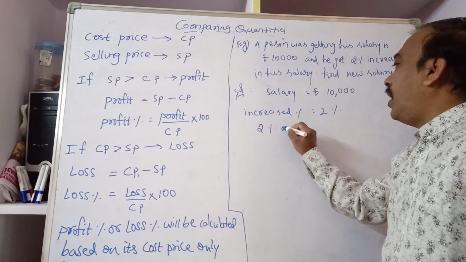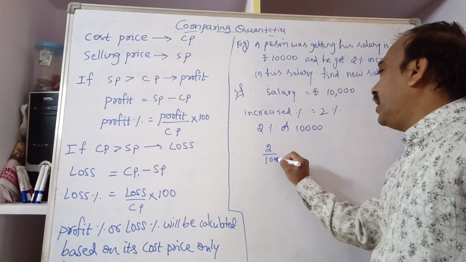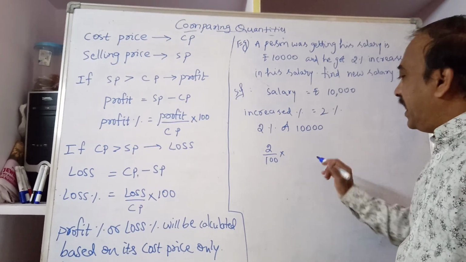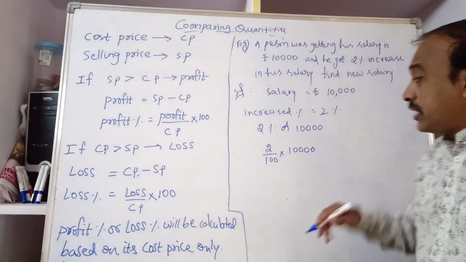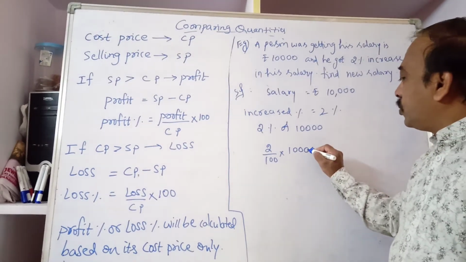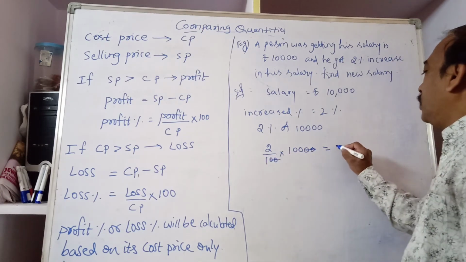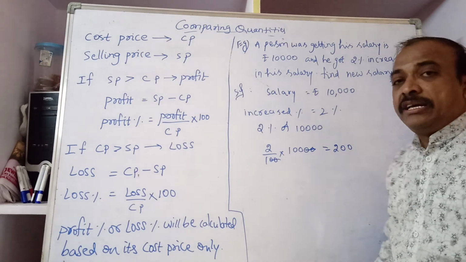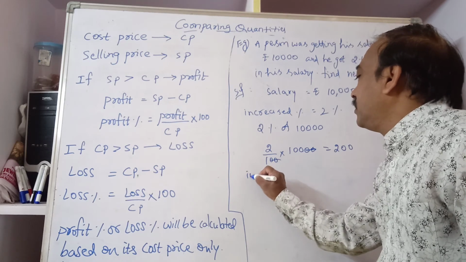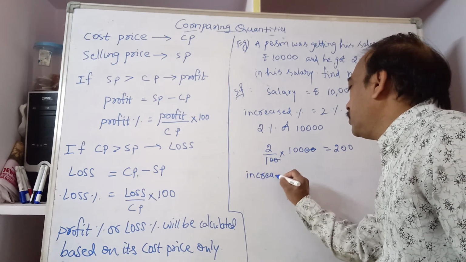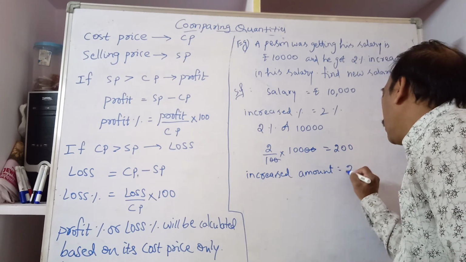So 2% of 10,000 is equal to 2 by 100 into 10,000. How much is the increment he got? So 2 zeros cancel, which is equal to 2 into 100, 200. So how much is increased? So 200 rupees increased. Increased amount is equal to 200.